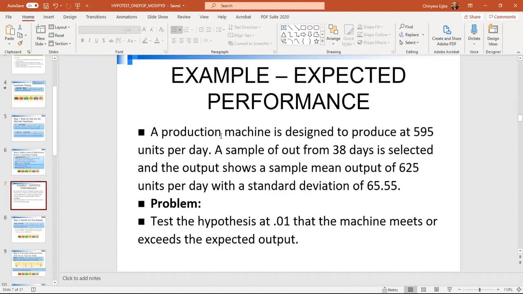Now, the hypothesis that you're seeing here is not using data from scratch. A lot of the work has already been done, and you are given a summary of the data. When you have this summary of the data, you can test a hypothesis using the summary.